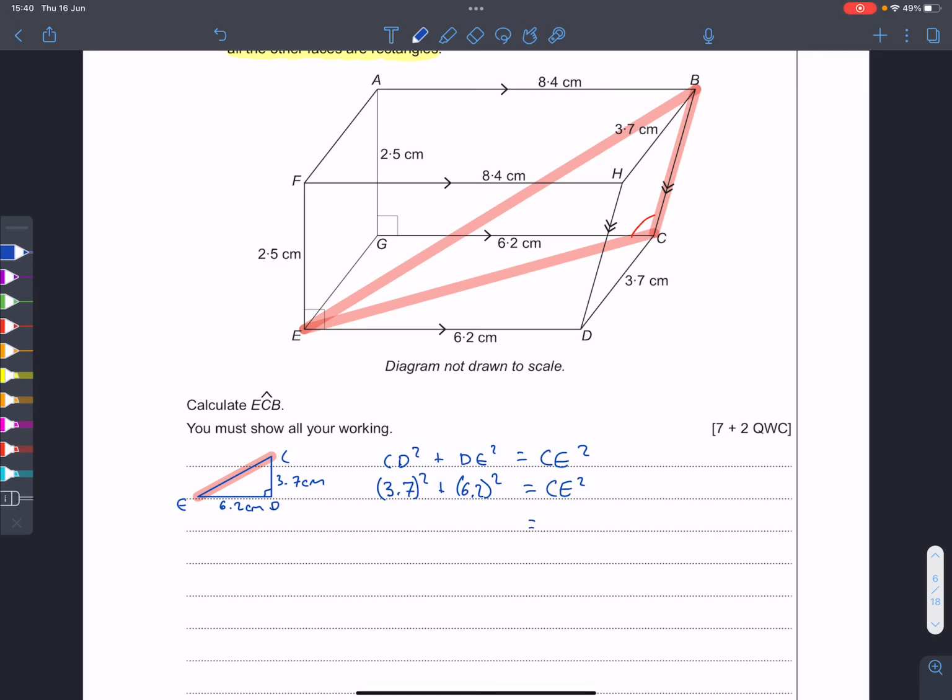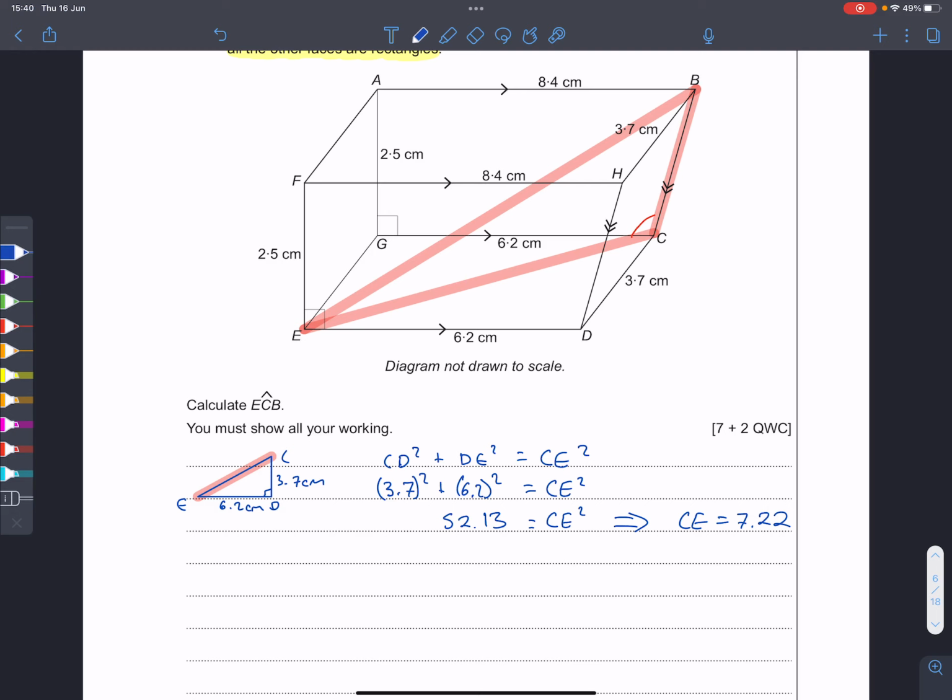So what I'm going to do is to work out that left-hand side. So I've got 3.7 squared plus 6.2 squared equals 52.13 is CE squared. And then if I square root both sides, that implies that CE is going to be the square root of the 52.13, which is 7.22 to 2 decimal places.